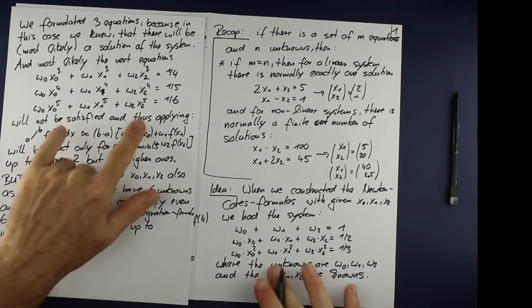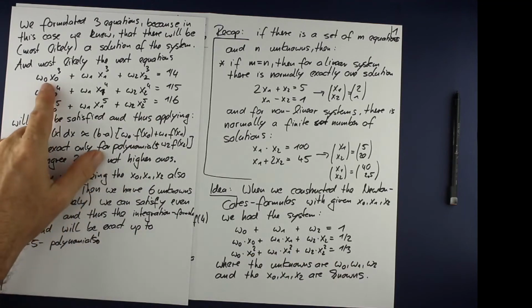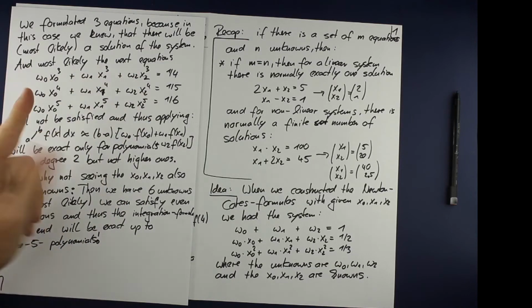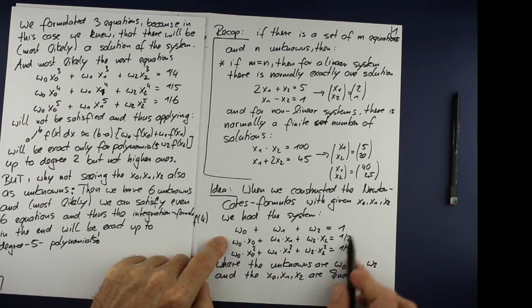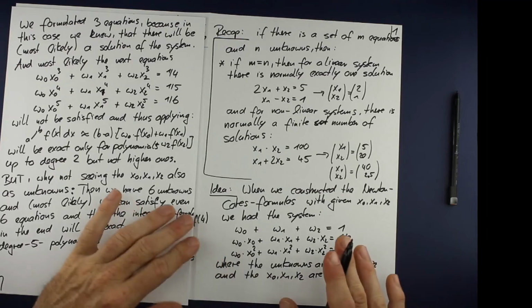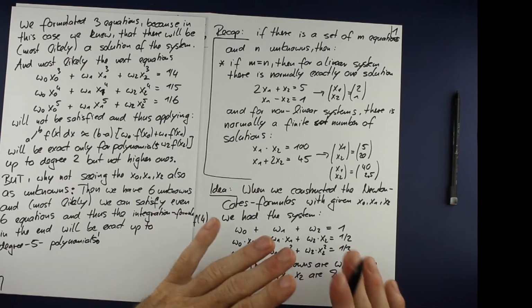Okay, so let's do so. Here we have 6 equations and 6 unknowns, and then we can try to find the solution. But unfortunately, this time this formula is no longer linear. Only this equation is a linear one and all the others are non-linear, and then the theory for finding the solution is not easy.